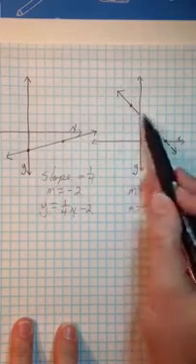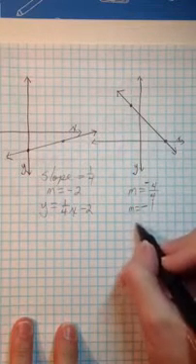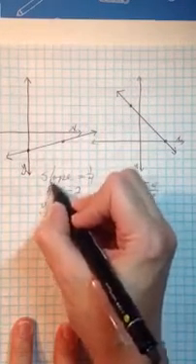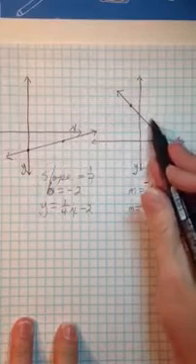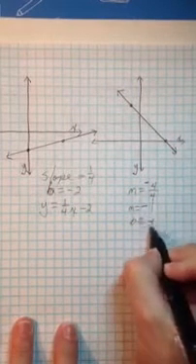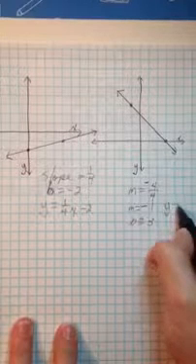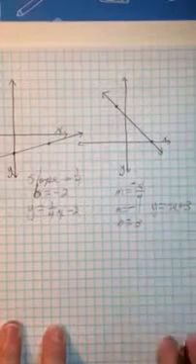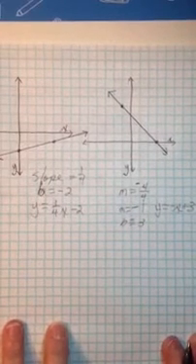And where does it cross the y-axis? My b is equal to 3. So when I name that function, y equals -x plus 3. That's naming it from a picture.